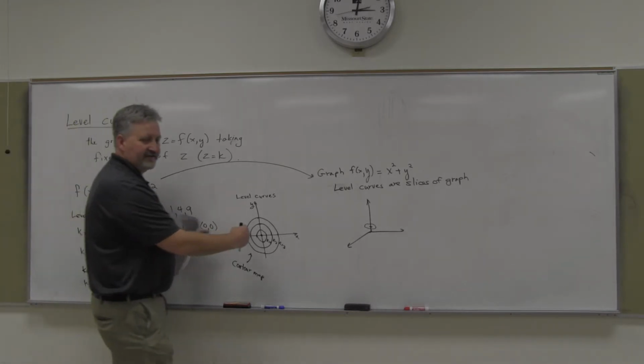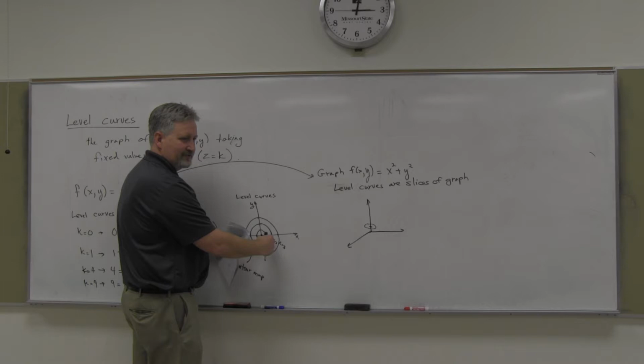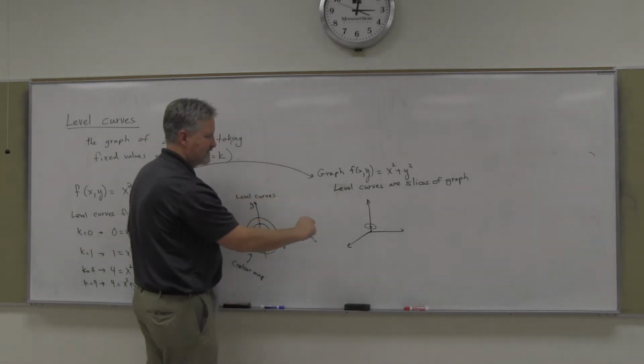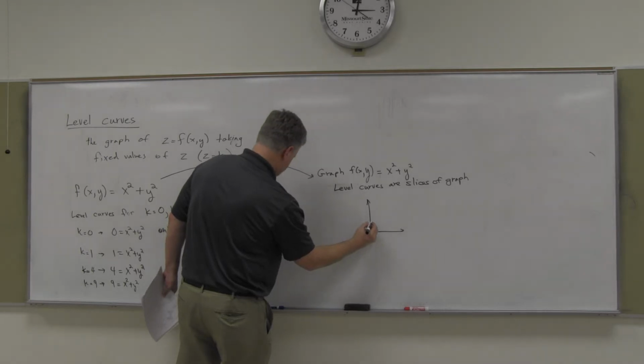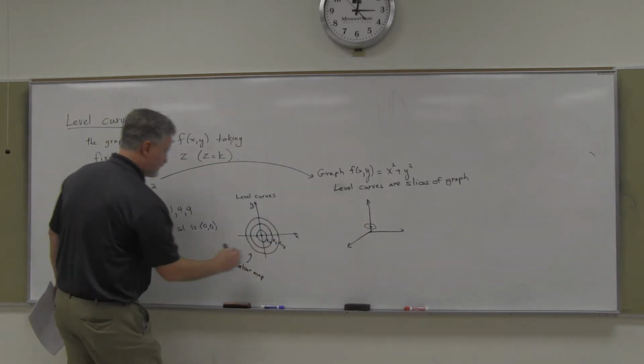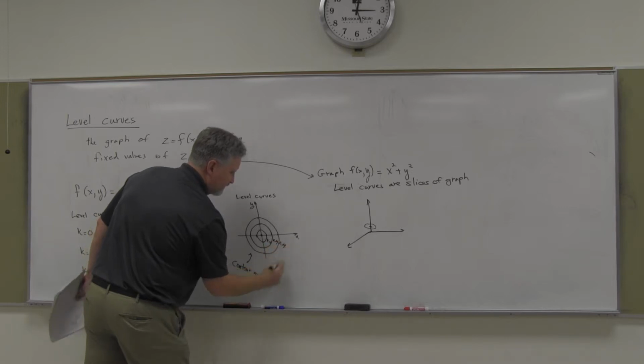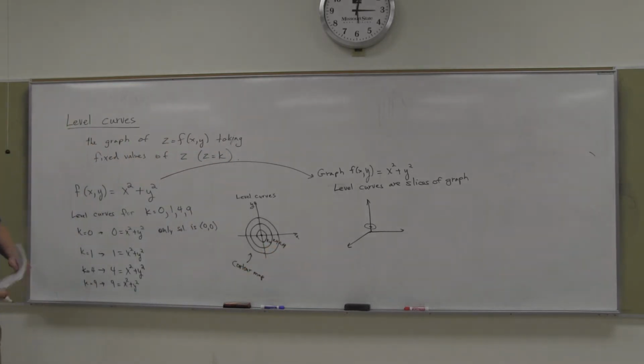Well, if I move out to the k equals 2 level curve, that's the slice at z equals 2. So at z equals 2, z equals 4. Whoops, I missed these, didn't I? This is k equals 4 and this is k equals 9. I messed those up. Sorry about that. I mislabeled my level curves there.